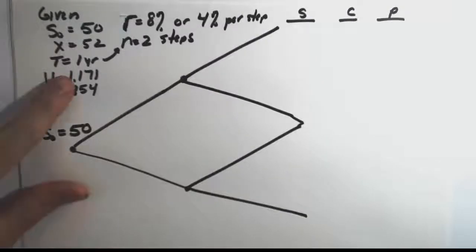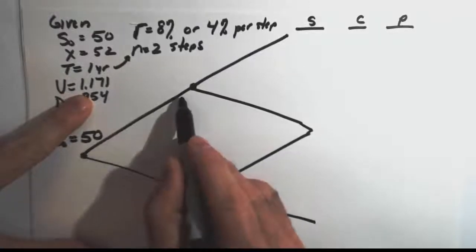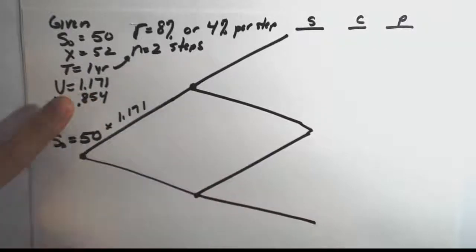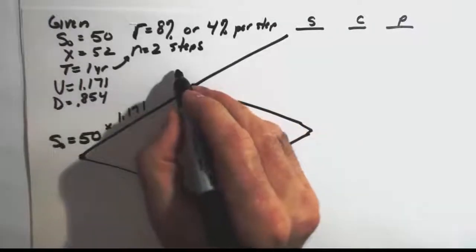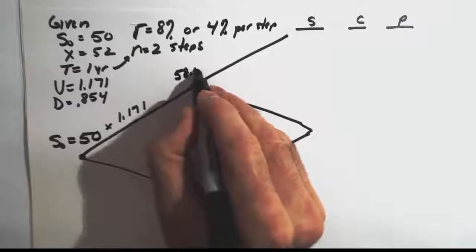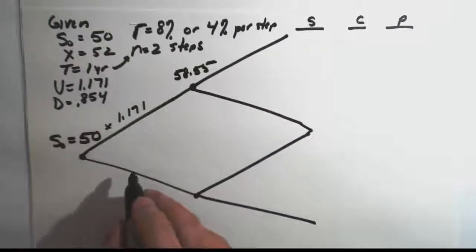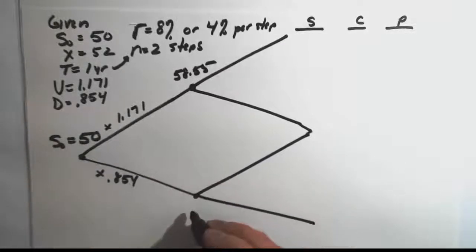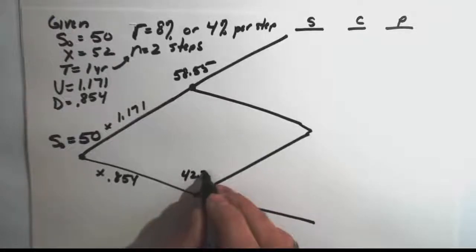What U is saying is that the stock at this point can go up: you multiply it by 1.171, in other words the stock can go up 17.1%. In 6 months the stock would be 58.55. Or the stock can go down, and you multiply it by 0.854, and in this case the stock would be 42.70.